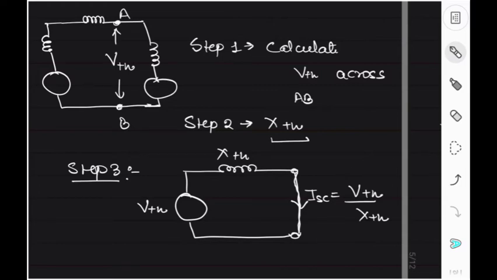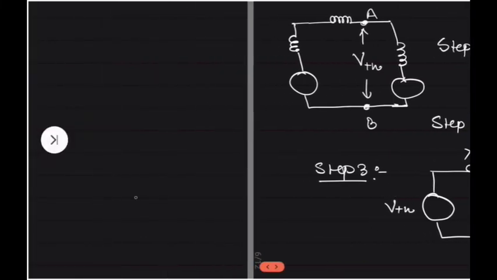Now once we got the short circuit current, we can find the short circuit kVA rating. So what is the short circuit current? That is V by X. Okay, I write simply V by X. Now how do we calculate percentage reactance?